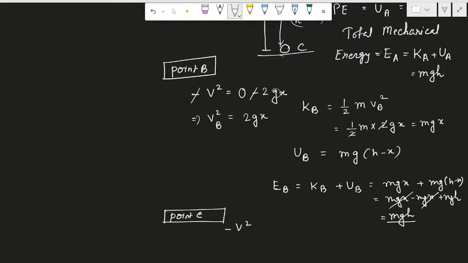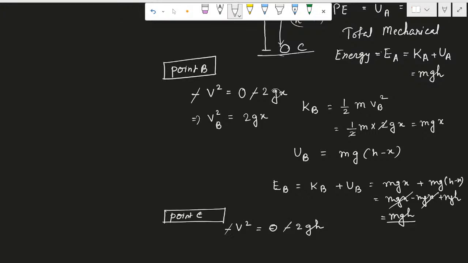Again, the negative velocity, v square is equal to... But in this case, we consider from the initial zero velocity, 0 minus 2g, so here it completed the total journey.